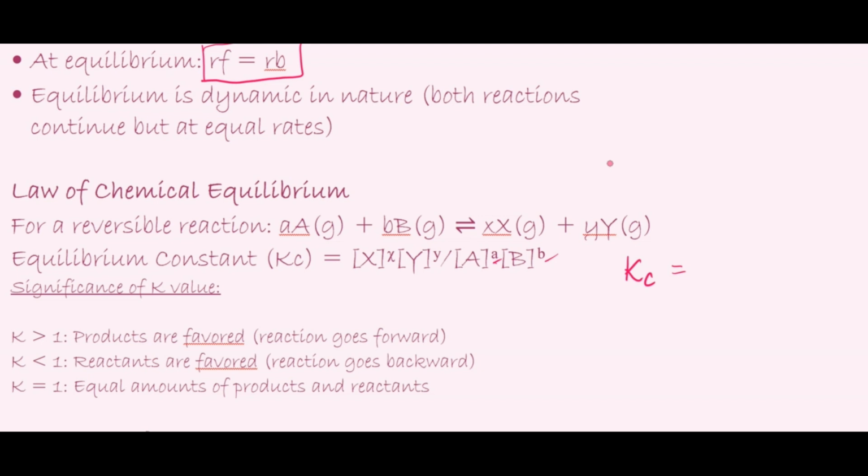What if it is neither less than 1 nor more than 1, it is exactly 1? Then equal amounts of products and reactants are formed. So that is what we have to know, the Kc value, to find out which direction it is favoring.